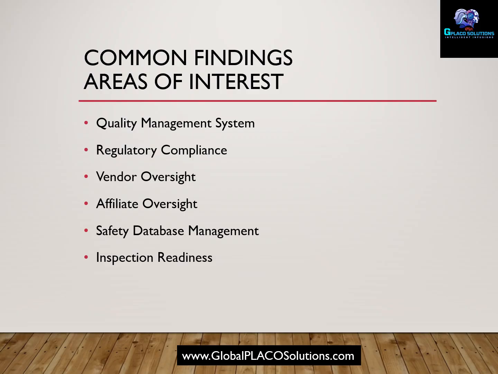The other common findings or areas of interest, you will get findings or observations from QMS, that is quality management system, regulatory compliance, vendor oversight or affiliate oversight, safety database management, and inspection readiness. So the findings are not common for all. It depends on the type of organization, size, complexity, and what kind of operations you are running.